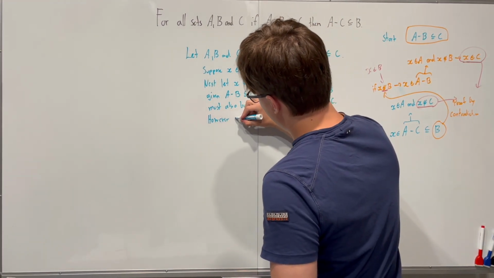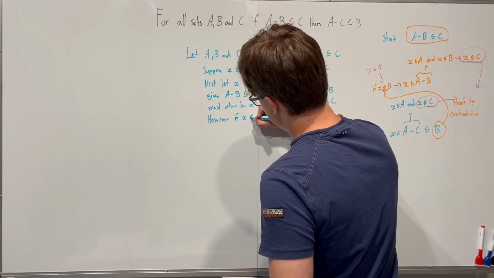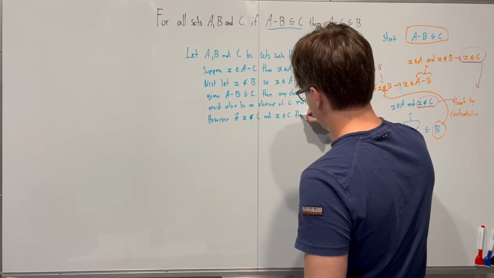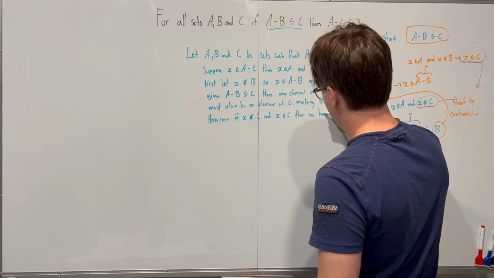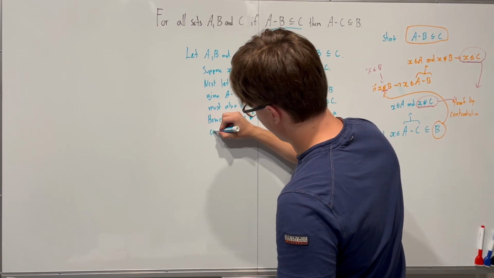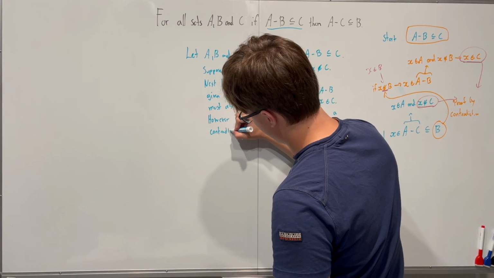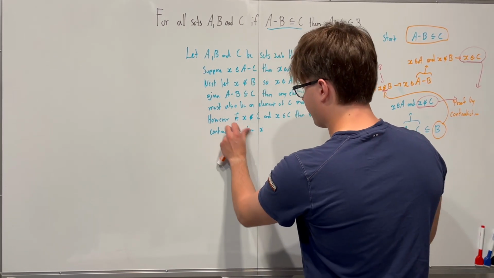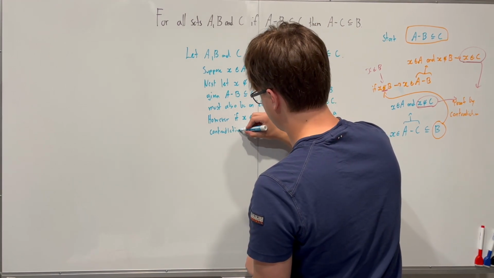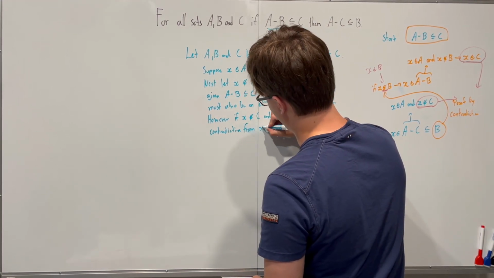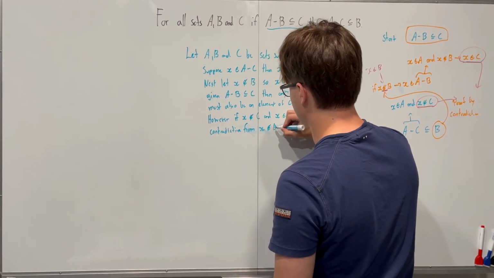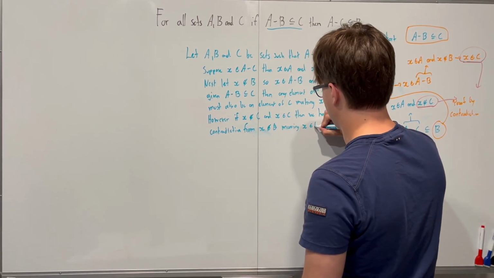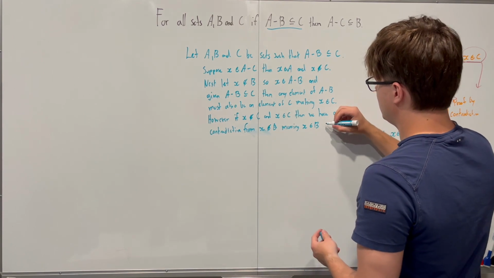However, if x is an element of C and x is not an element of C, then we have a contradiction from x not being an element of B, meaning x must be an element of B.